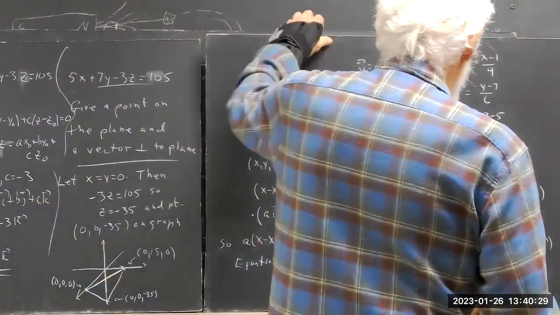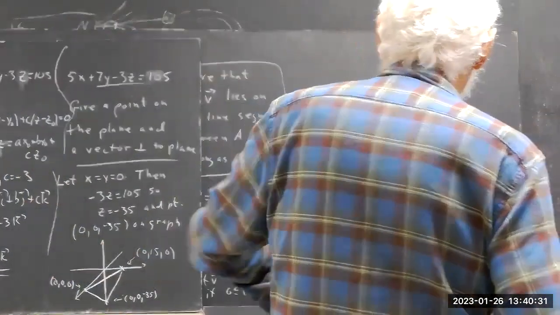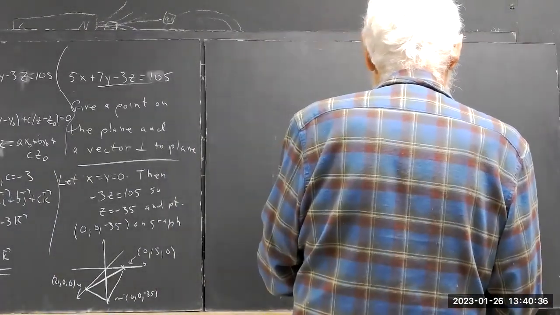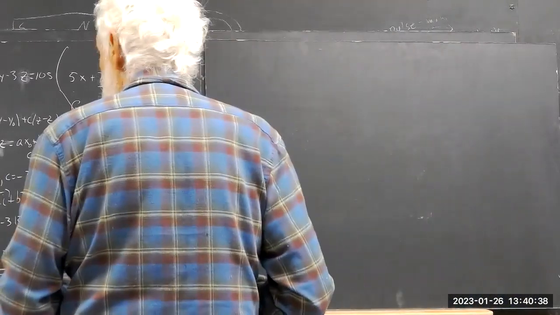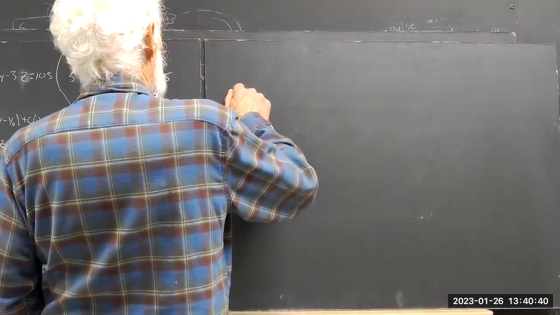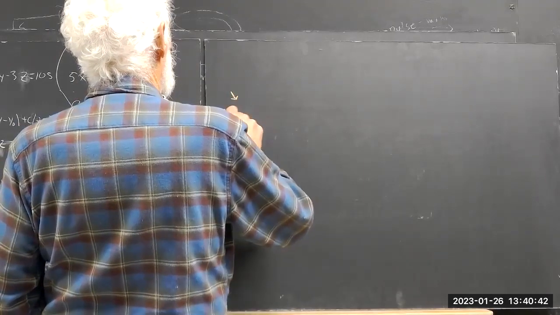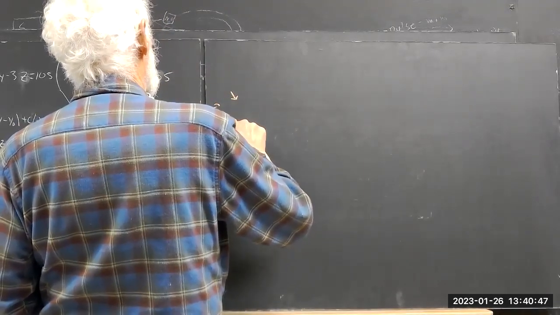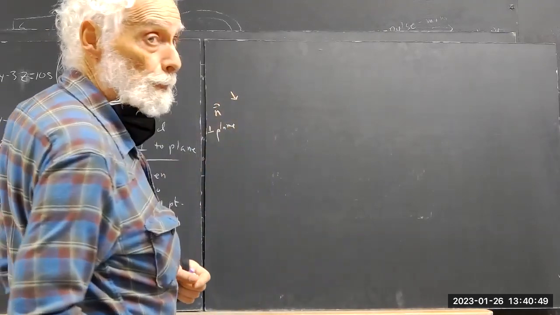I can draw a picture here, a little bigger picture, and label it. Oh, I've got my normal here. Normal vectors are perpendicular to the plane.